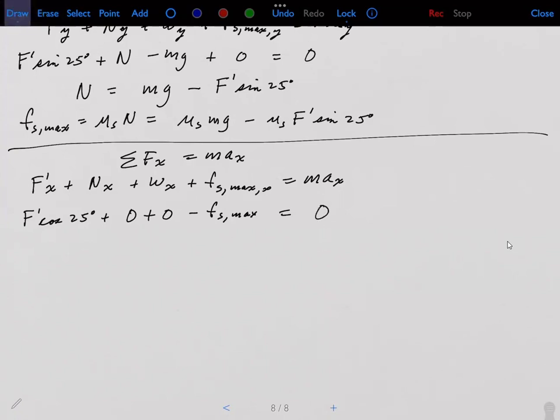Okay, so if I substitute Fs max in here, it's going to be minus mu s mg. And remember, I have to distribute this minus 1 in, so this term becomes minus, this term becomes positive, plus mu s F prime sine of 25, and that's equal to 0. And then I want to solve this for F prime. So I'm going to put the F prime terms together.